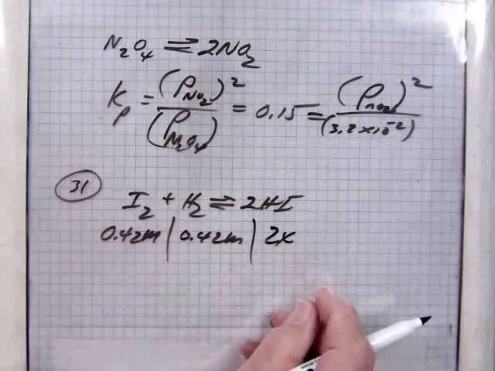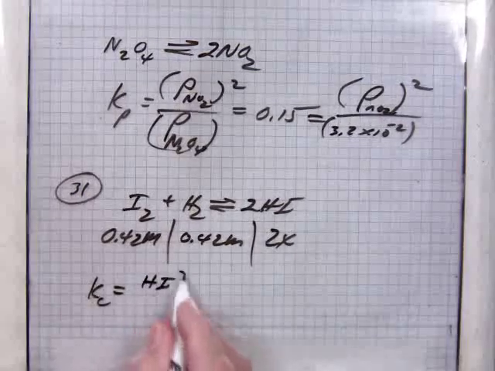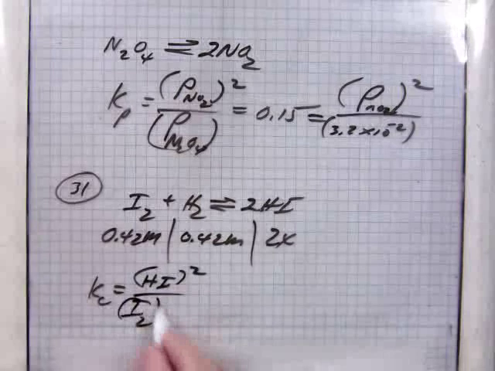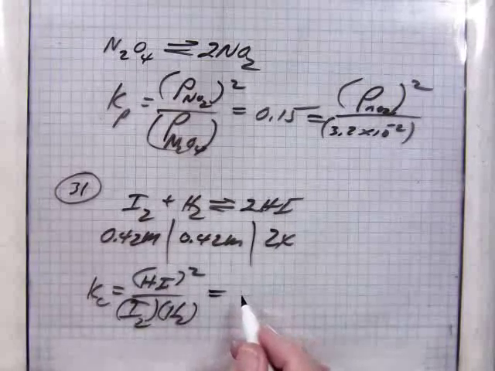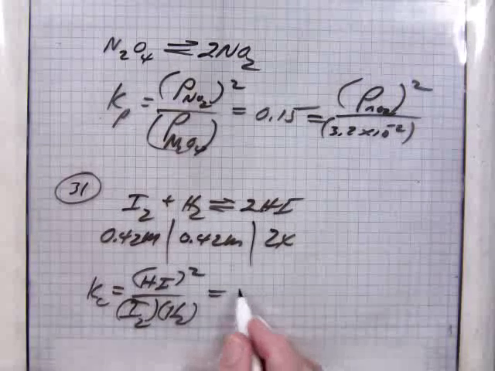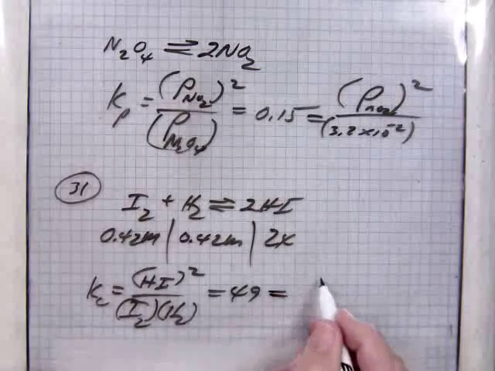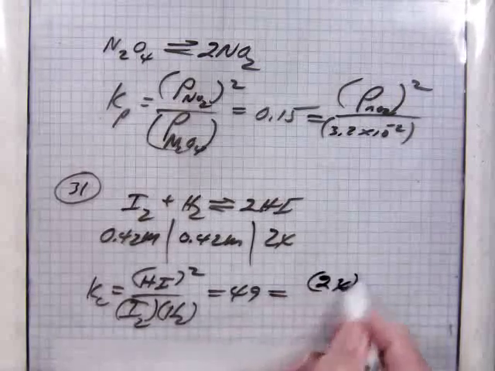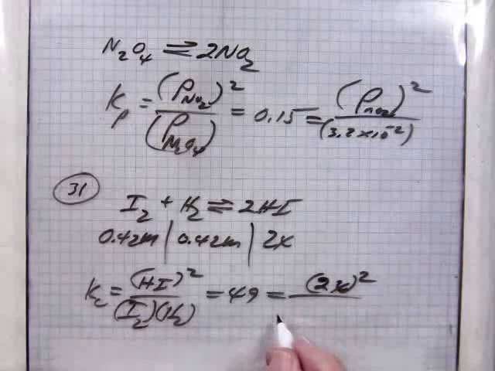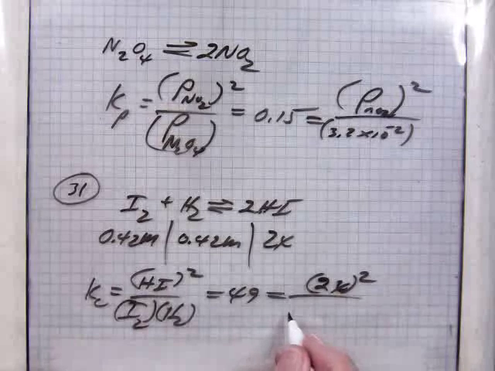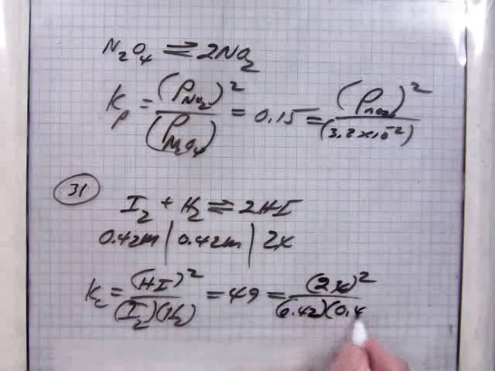And then you have 2x at equilibrium. If you set up Kc as HI squared over I2 and H2, that's equal to 49, which equals (2x) squared over 0.42 minus x times 0.42 minus x.